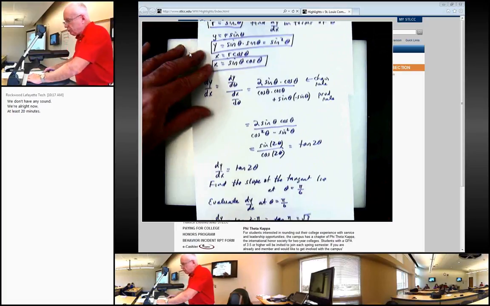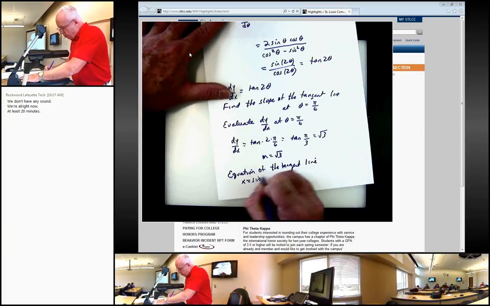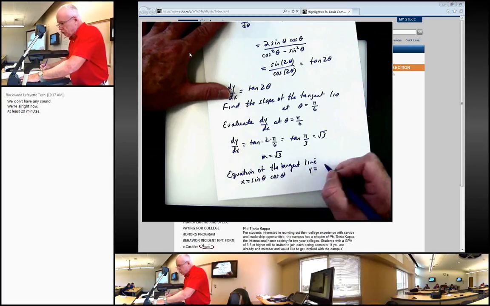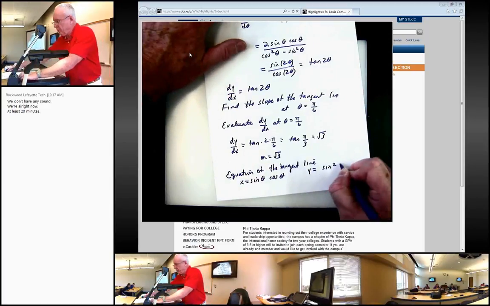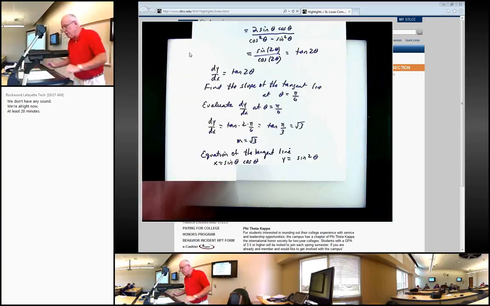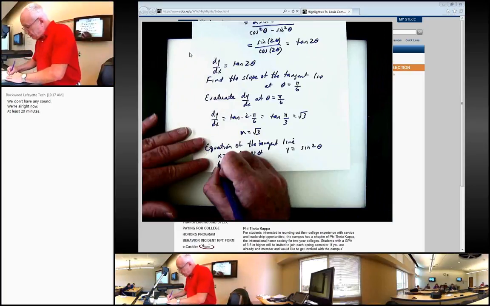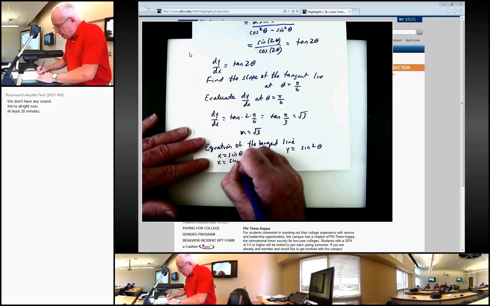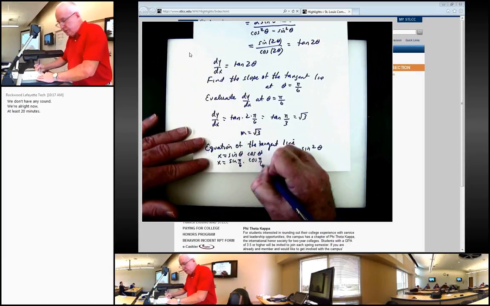X is equal to sine theta cosine theta. Y is equal to sine squared of theta. So we can use those. We plug in pi over 6. So x is equal to the sine of pi over 6 times the cosine of pi over 6.